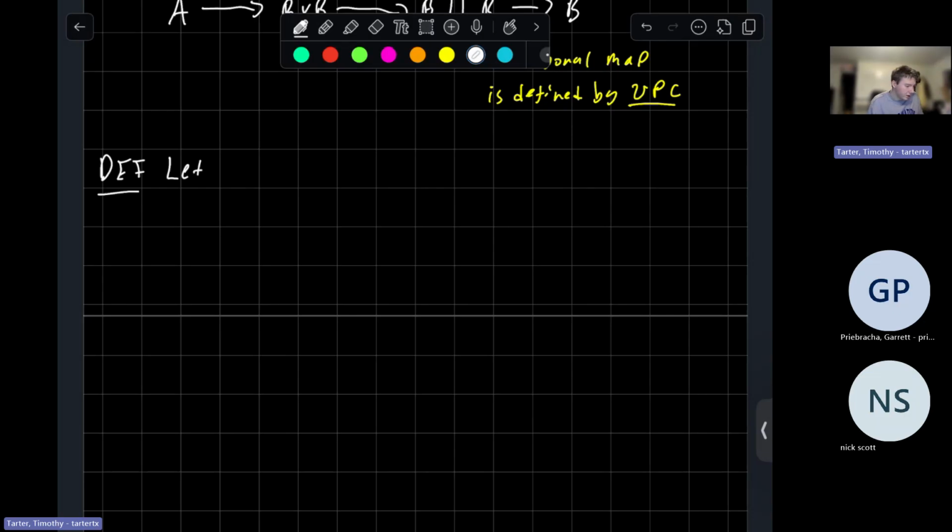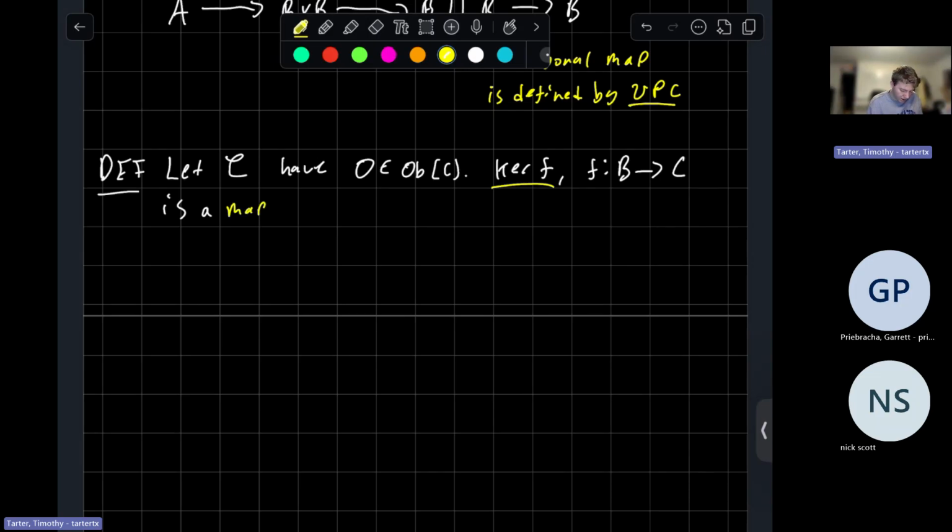So let C have 0 in ob C. Then a kernel of a morphism F, where F is a morphism from B to C, and I'm just going to make clear we're defining the kernel, is a map I from A to B, with F circ I equal to 0. And then that is universal.